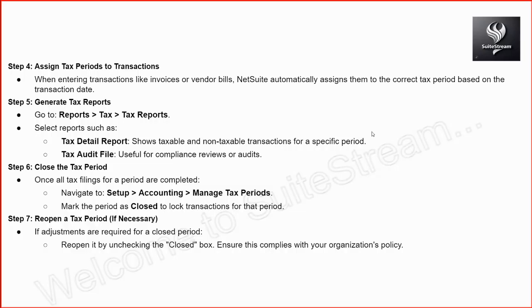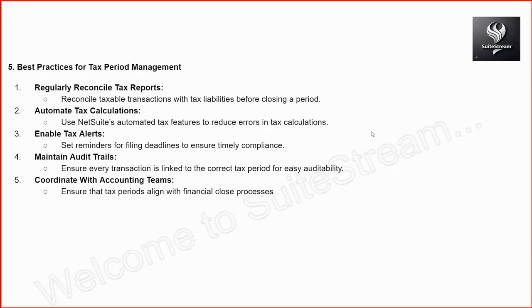That is the use of lock. The user will not be able to modify the transactions in that locked period. Reopen a tax period if adjustments are required for the closed period: uncheck the closed box, ensuring compliance with your organization, and then the user can modify again.